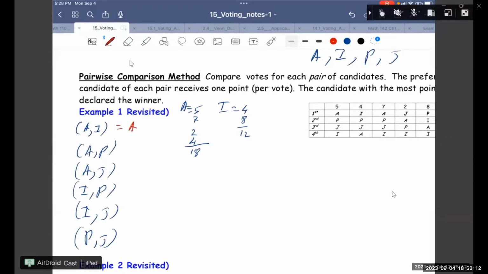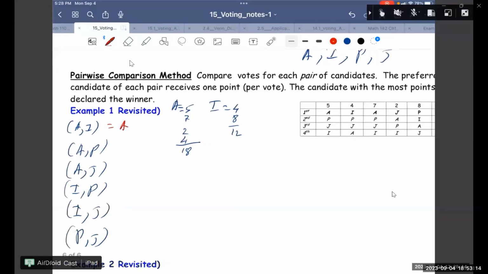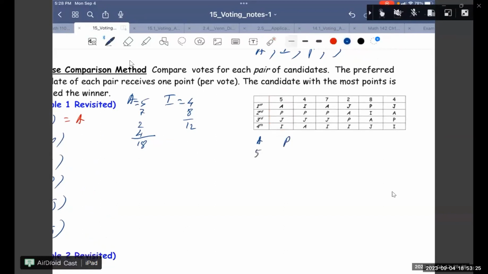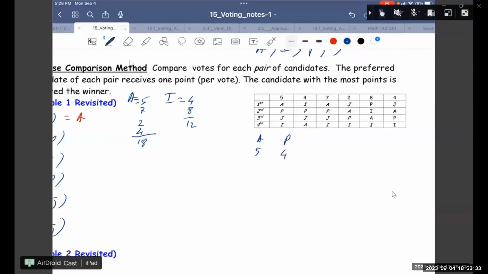So for the AP, so A and P. So the first one, A, so 5. And the second one, P, with the 4. And this one, A, with a 7. And this one, A, as a 2.